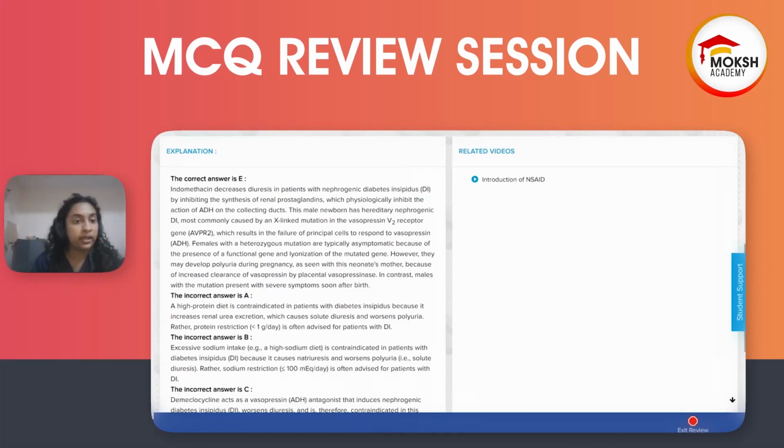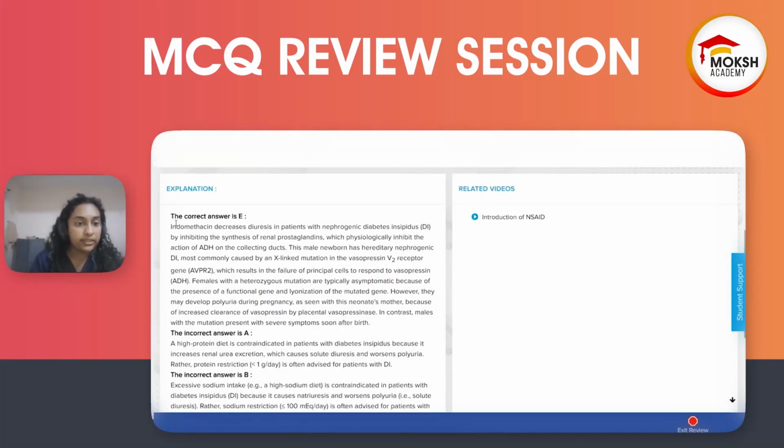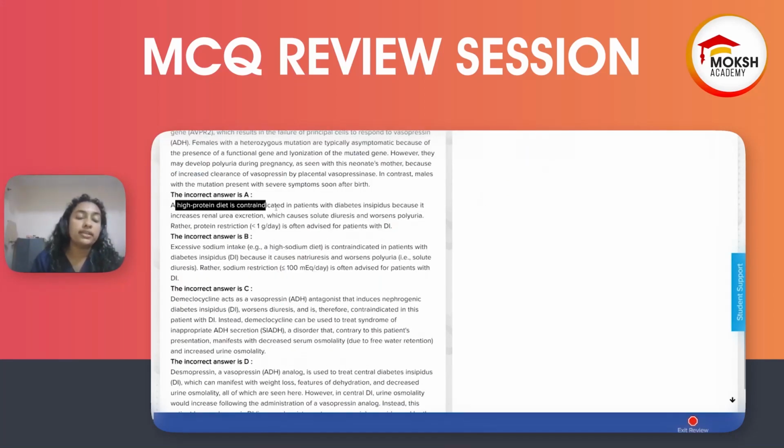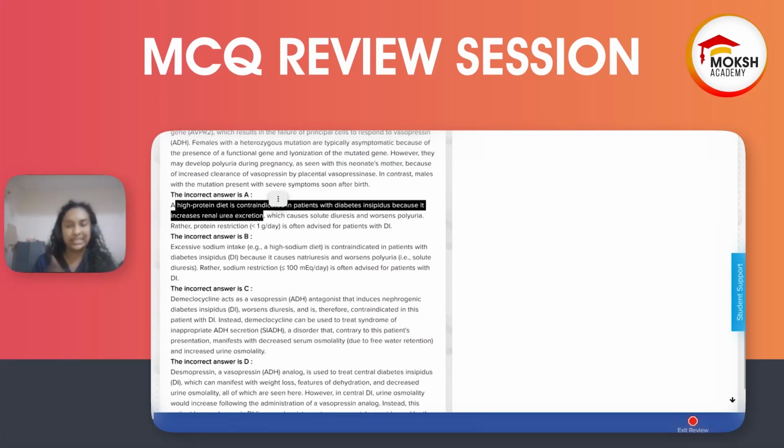Let's proceed. Indomethacin, this we read. A high protein diet is contraindicated in patients with diabetes insipidus because it increases renal urea excretion. So increased protein, increased muscle mass, increased urea excretion. It also increases osmolality and solute diuresis.